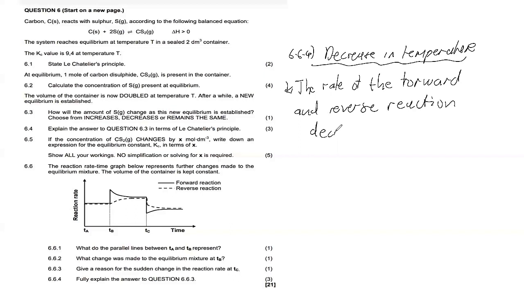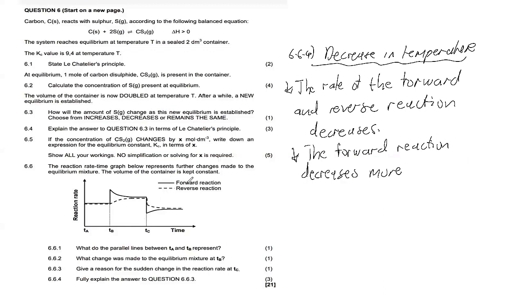So both the rate of the forward and the reverse reaction decreases. But what we observe is that the forward reaction decreases more. Remember, all that we are explaining is what we can observe from the graph, right? The forward reaction decreases more.